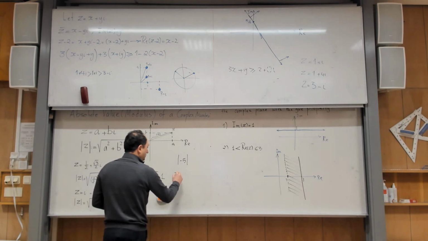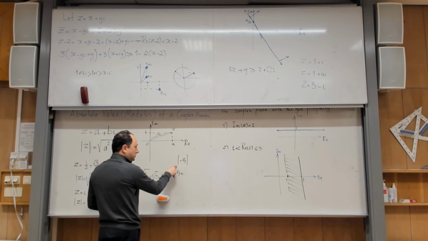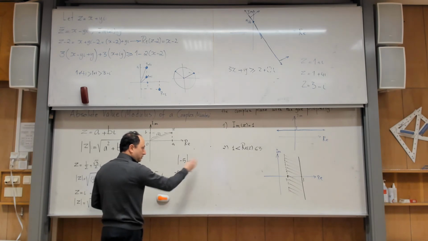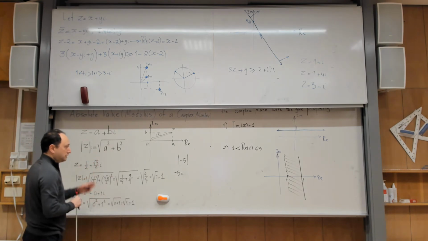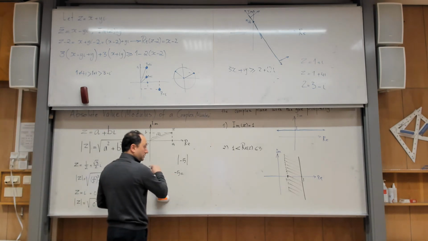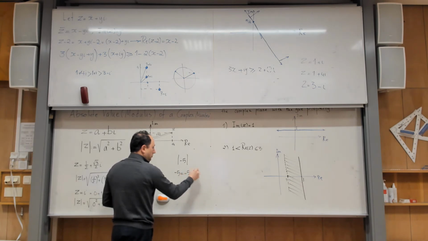You need to interpret minus 5 first. Of course, if I ask you what is the absolute value of minus 5, you can immediately answer 5. But I want to motivate you that there is no difference between these two definitions. So minus 5, when it comes to real numbers, can be interpreted as minus 5 plus 0i.